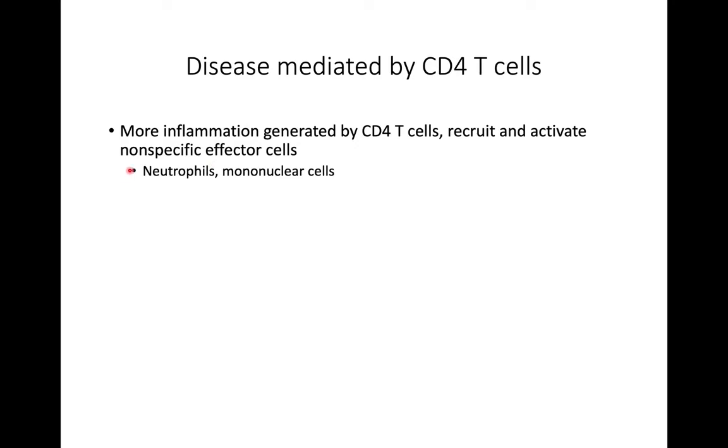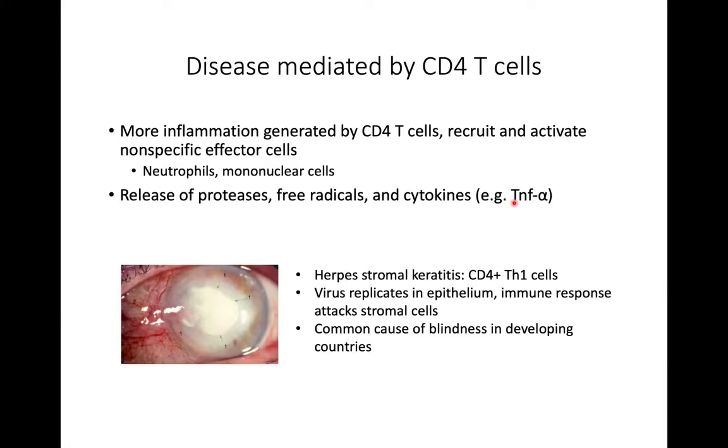So neutrophils, mononuclear cells, but not specific CD8 T cells. As these neutrophils and mononuclear cells come to the site of inflammation, they release proteases, free radicals, and other cytokines. And this inflammation can cause a variety of types of damage.